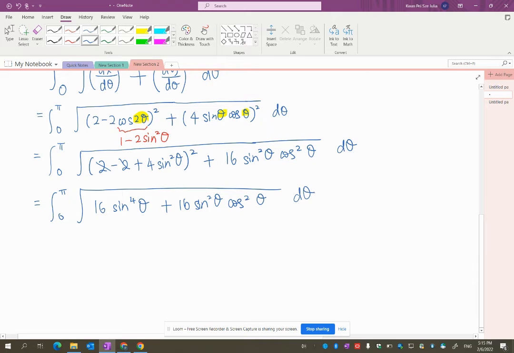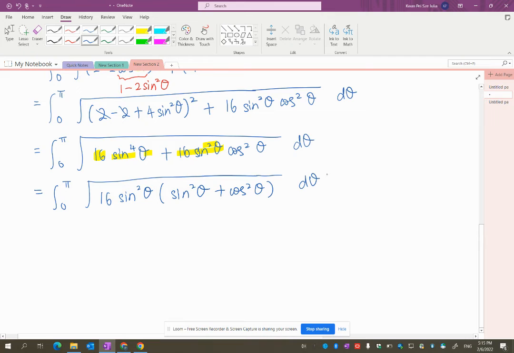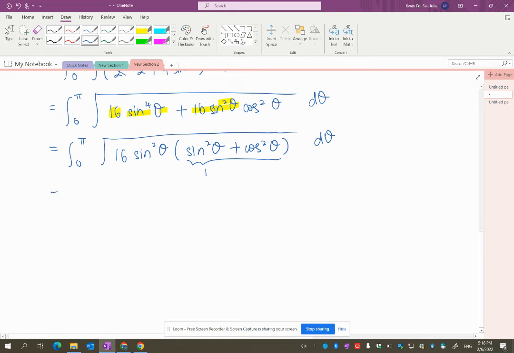Now we see that we have a common factor. Let's take out the common factor, which is 16 sine squared. In here we have sine squared plus cosine squared, and sine squared plus cosine squared is a beautiful 1, using your trigonometric identity.